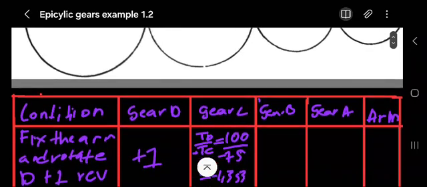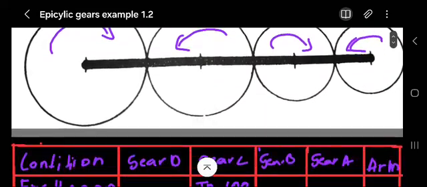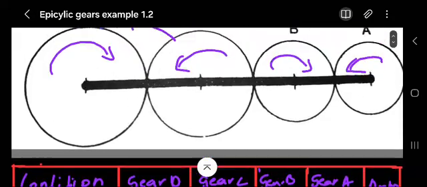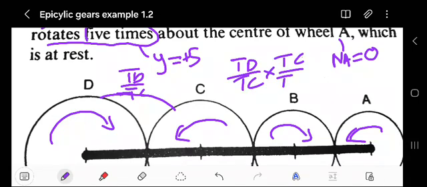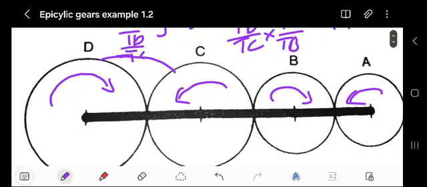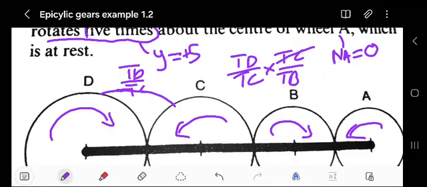So for gear B, it will simply equal the gear ratio. There will be TD over TC multiplied by TC over TB. TB is rotating clockwise, and as you can check, these will cancel. We'll be left with TD over TB.